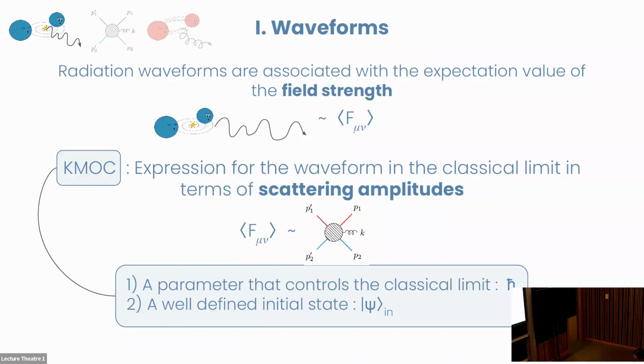I'm using the field strength here because it's easier to show, but it's essentially the same thing if you want to do it for the Riemann tensor. Two of the starting ingredients that we need to set this up with the KMOC formalism are a parameter that we can use to control the classical limit, something that we can expand in and point to and say, here's our classical term, and also a well-defined initial state.